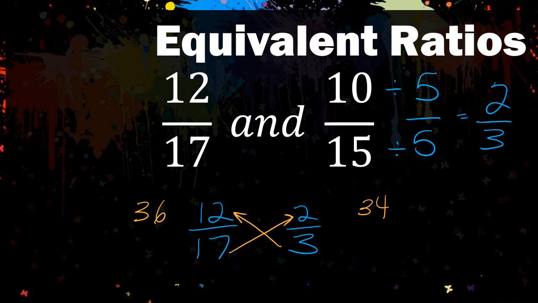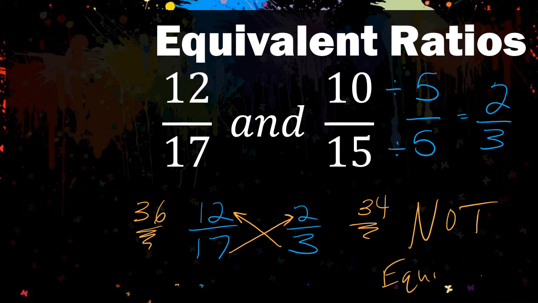When we cross multiply here, if these two numbers were the same, 36 and 34, they would be equivalent. But since they're not, we can say that these are not equivalent or equal. We'll do a little sad face.